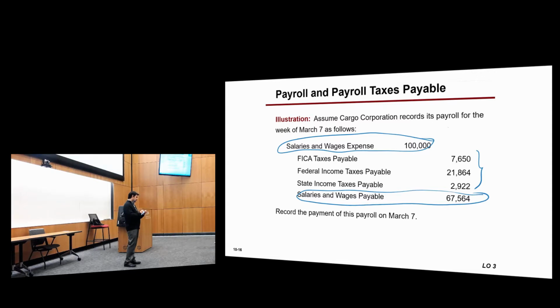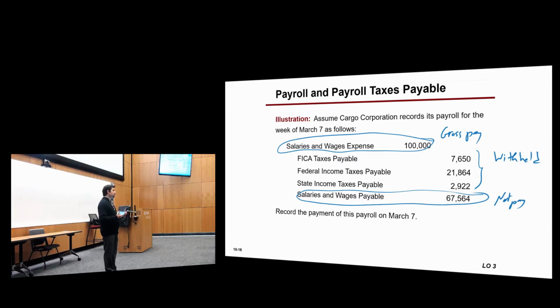So you have the gross pay, this is the net pay, and those are withheld. Later on, they are sent. This is why they are payable. As far as the company is concerned, the company will not send them now. However, the company will have to pay them to those agencies, to the state and to the city and to Social Security, etc. Okay? Now, this is when the company is preparing and recording their payroll.